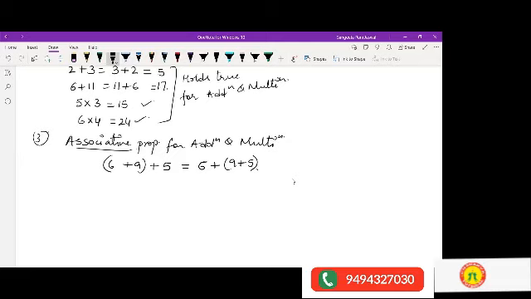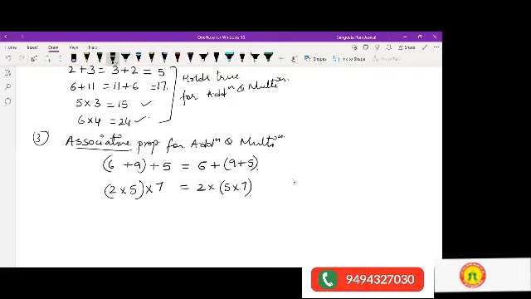If you have three integers grouped in any order, your answer is the same. So same way, let's check for multiplication also. If I have 2 multiplied by 5 multiplied by 7, what do I get? 70. Here I have 2 into 5 multiplied by 7. What do I get?